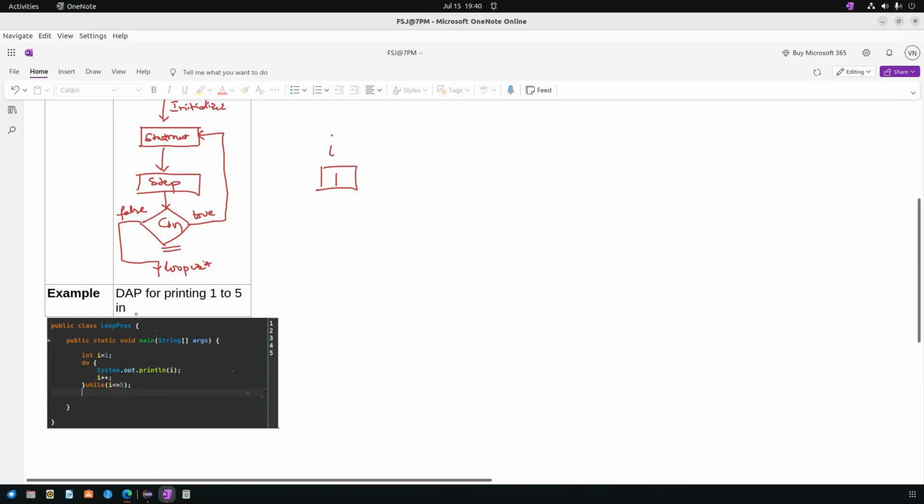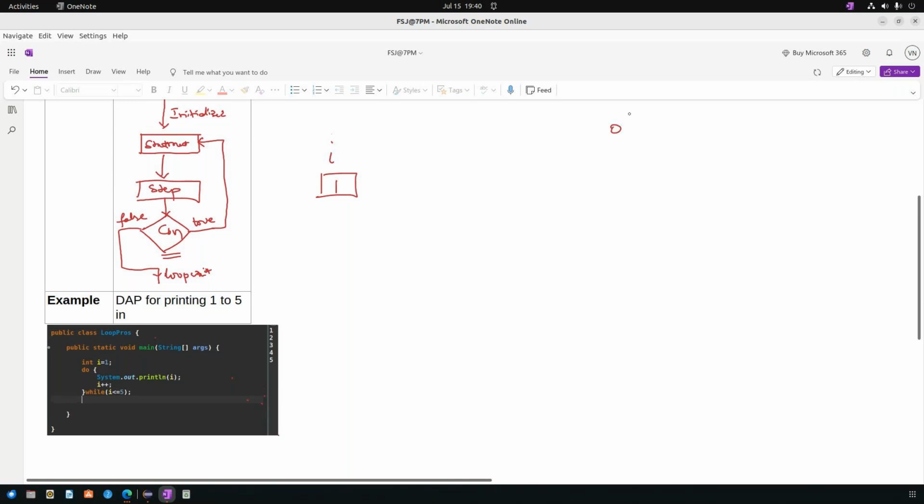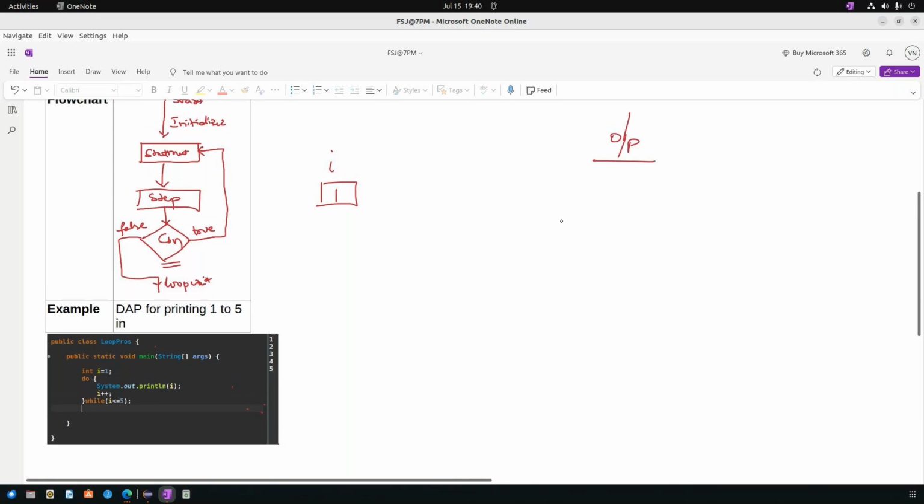And then you are going for printing directly. So you are printing the I value, which is 1.